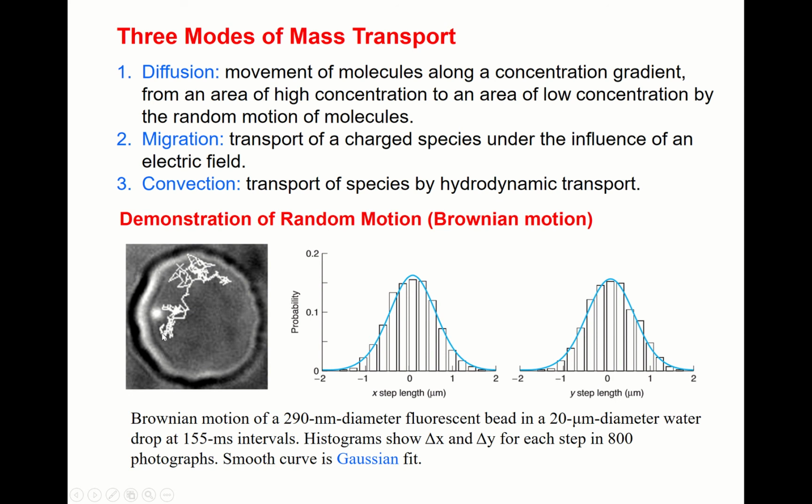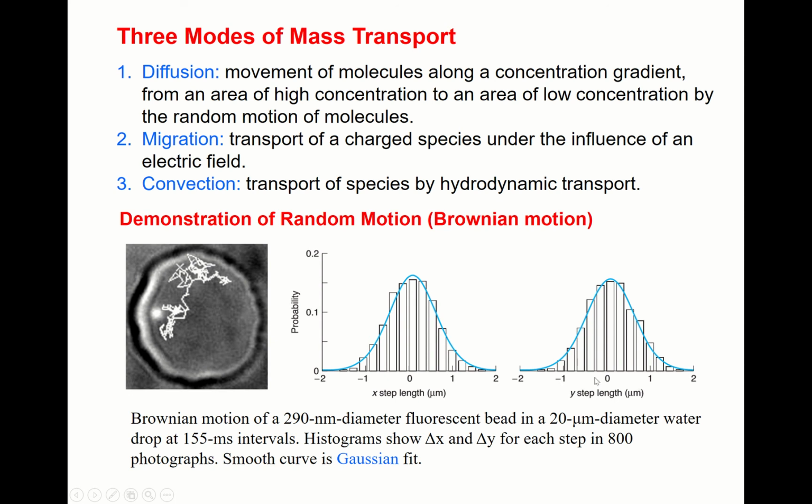In this case, it moves toward the positive x direction, and then sometimes the negative x direction, like that. And then you can get this kind of curve for x motion, and by the same way you can analyze the y motion. This one gives the y motion.